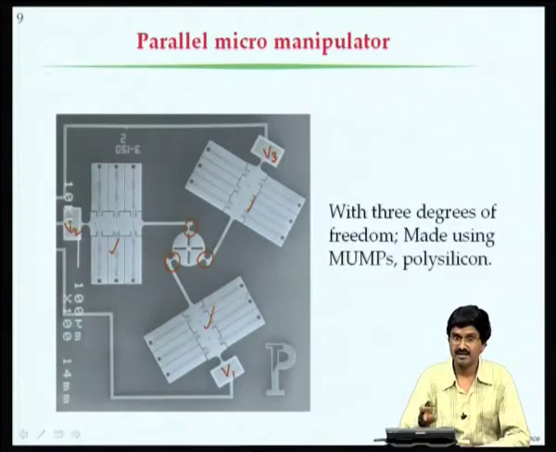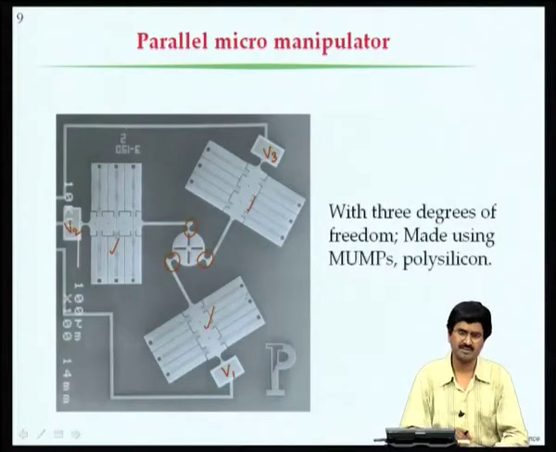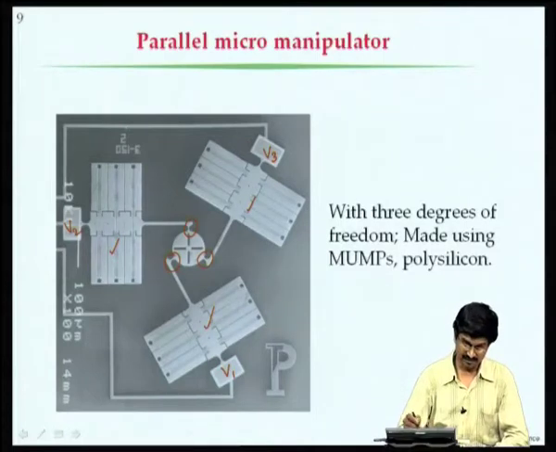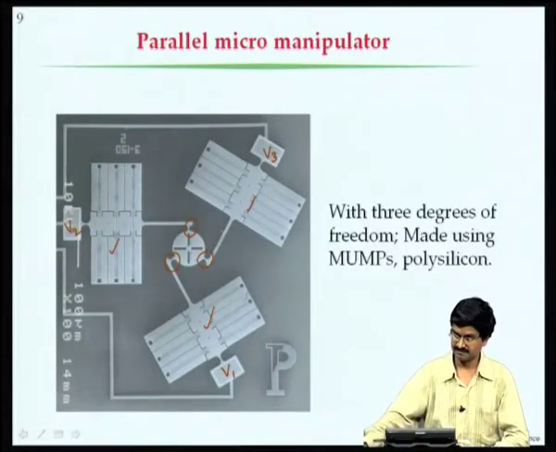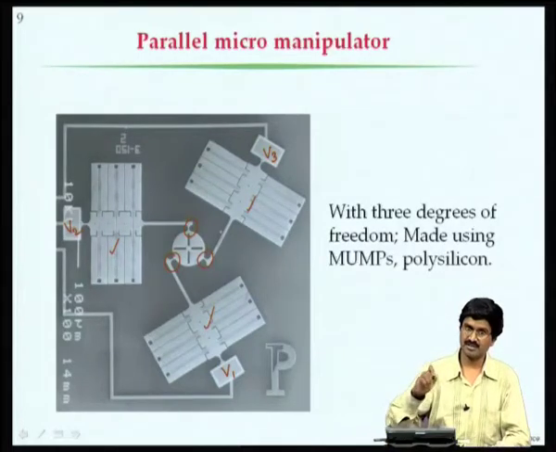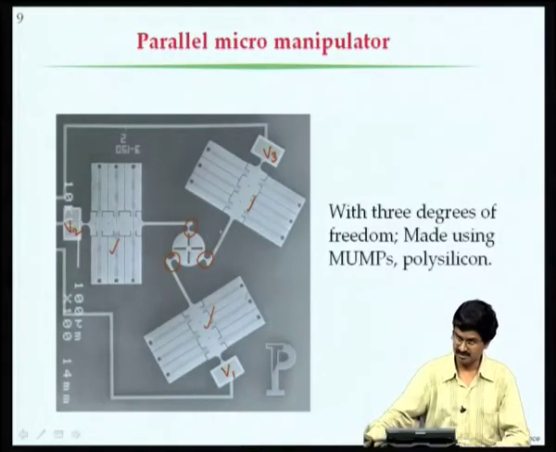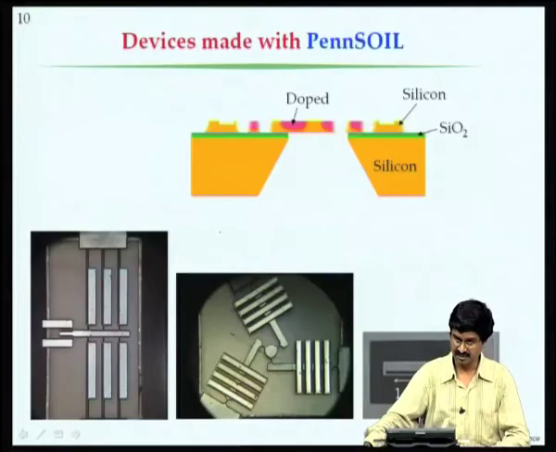This again is a single layer. Any process that gives a single releasable structural layer is eligible for doing this, which is pretty much any microfabrication process. Once you have it, you can make these structures. It is a parallel manipulator, because you can position the platform anywhere in x and y within a workspace, and also rotate it, that is, the orientation can be changed.